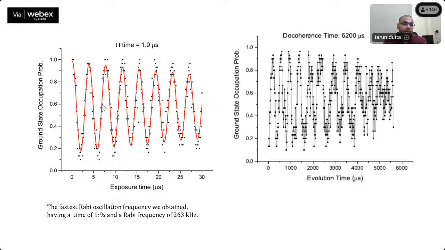What we have achieved is the fastest Rabi oscillation, which is 1.9 microseconds. And the decoherence time is around 5 to 6 milliseconds, which was sufficient for our work.